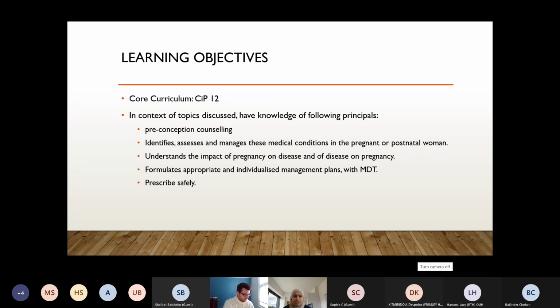You should have knowledge of preconception counseling, and you should be able to assess and manage these medical conditions in pregnancy and postnatal with the MDT team, understand the impact of pregnancy on the disease and the disease on pregnancy, and make management plans and prescribe safely. This is the basic level of knowledge. Application of knowledge is in clinical settings, so I hope you will get a chance to do that as well.